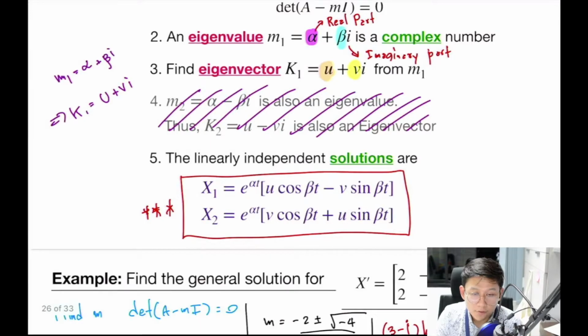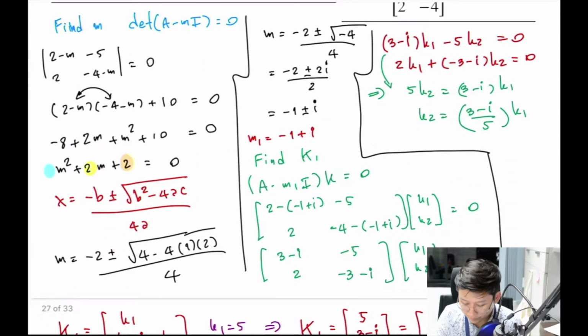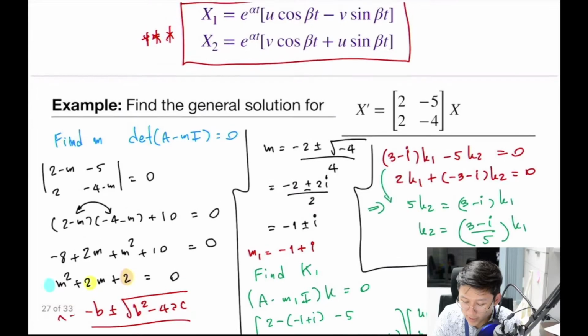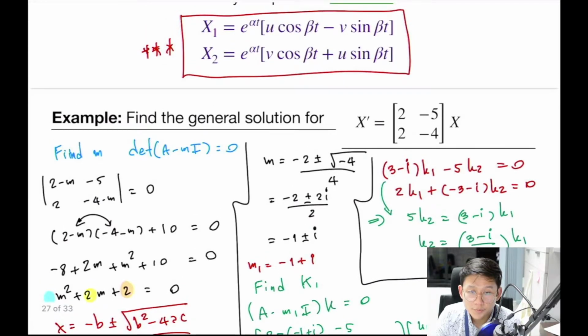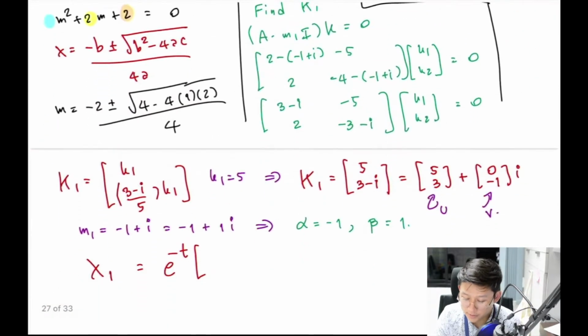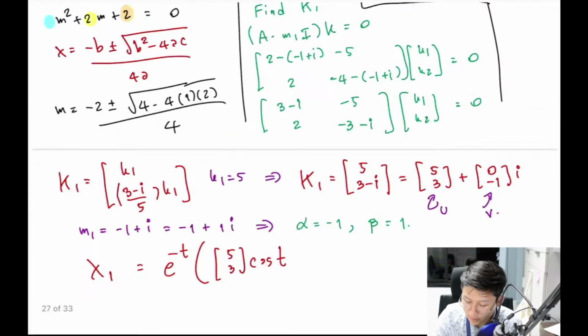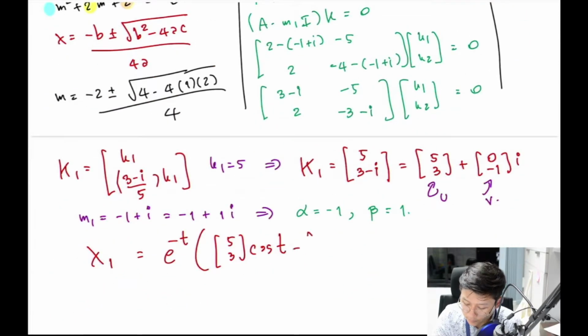So the first formula would be e to the alpha t, that would be e to the minus t, and then we have u cos beta t minus v sine beta t. So we have u, which is (5, 3), cos beta t, which is cos 1t, minus v, which is (0, minus 1), sine beta t, which is sine t.